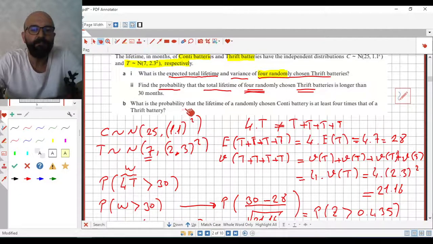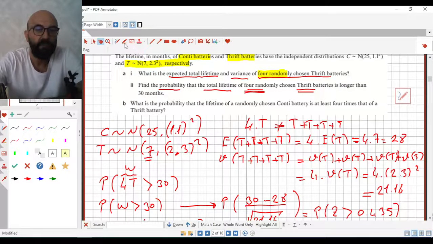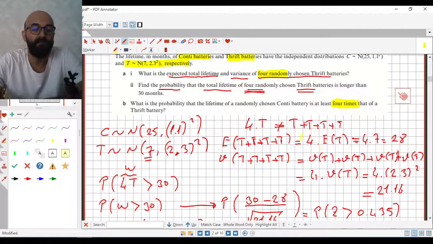And the other section: what is the probability that the lifetime of a randomly chosen Conti battery is at least, please notice that it's a keyword, 4 times that of a Tift battery.